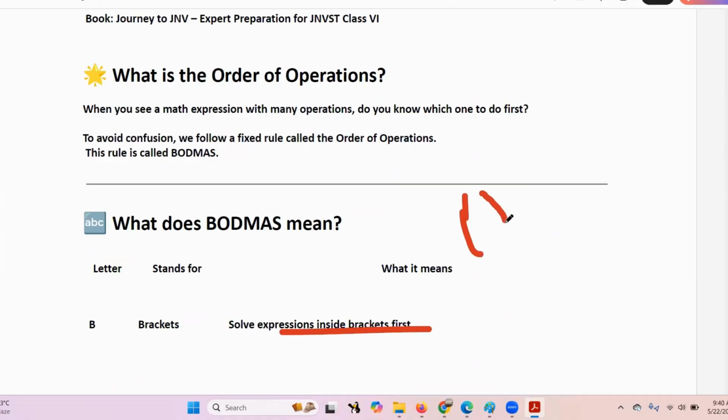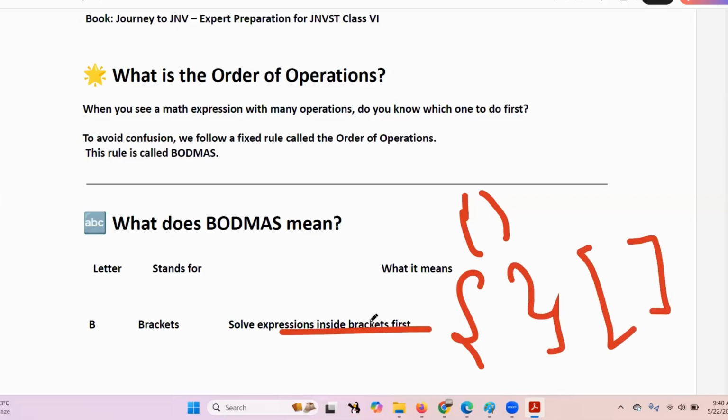This one is known as the small bracket, this is the medium bracket, and this is the big bracket. We should always consider the inner side first, whichever bracket is innermost, resolve that one first. Then we go to the outer side.